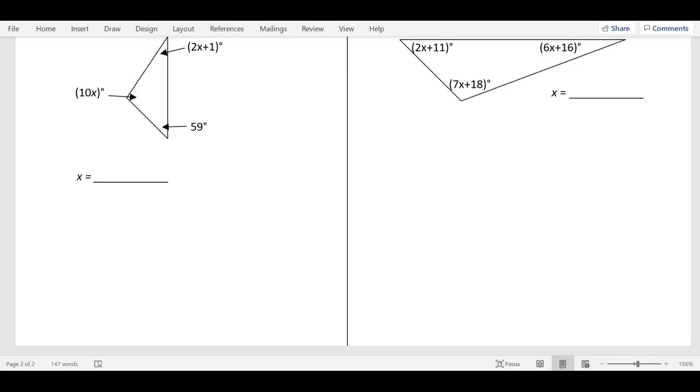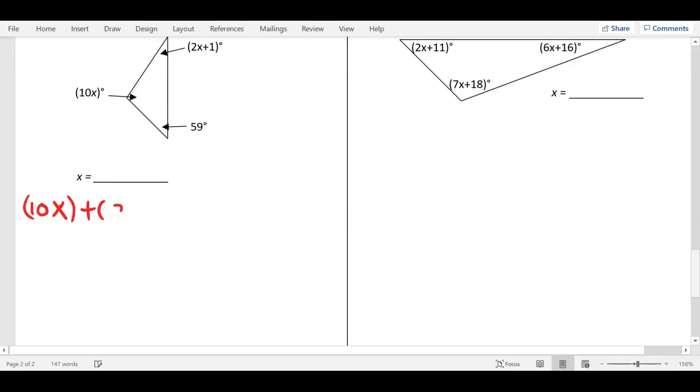Same idea. Let's do that. 10x, in parentheses, plus 2x plus 1 plus 59 equals 180.